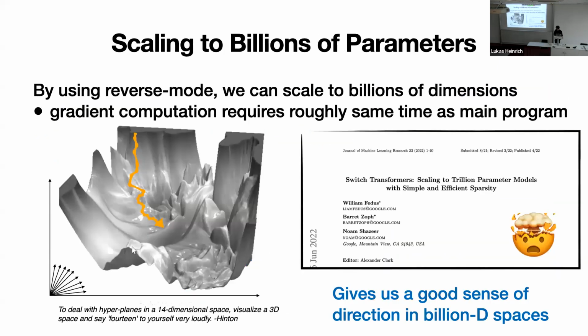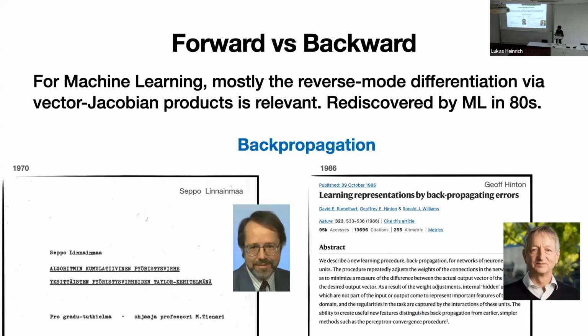Okay, excellent. So in machine learning, you might have heard about backpropagation. Backpropagation is exactly this type of system. It's what we call reverse mode differentiation.